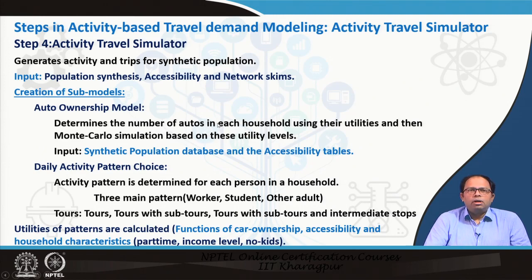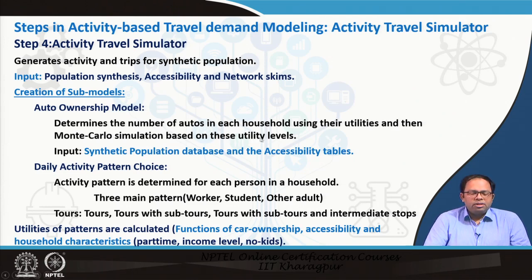The first step is to create an auto ownership model. These are based on, again, logit equations. We determine the number of autos in each household using their utilities, and then using Monte Carlo simulation based on these utility levels, we determine how many autos each household will own.